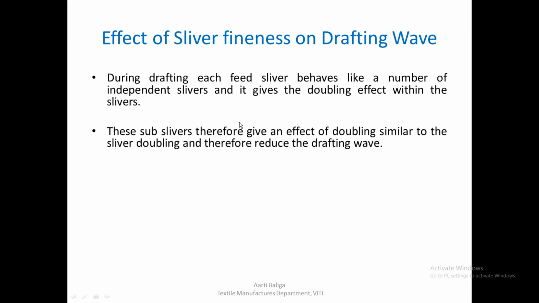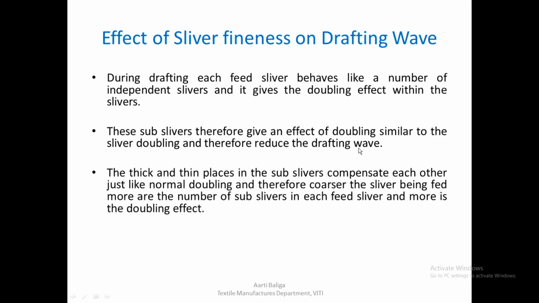So these subslivers would give an effect of doubling within each of the sliver, and therefore it is expected that it would reduce the drafting wave. The thick and thin places in the subslivers, that means the small slivers that we are imagining within each sliver, would compensate each other just like normal doubling, and therefore coarser the sliver.